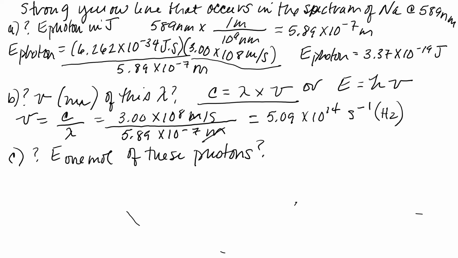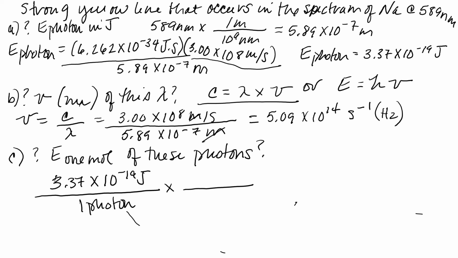Okay, for that we need to use Avogadro's number. We have calculated the E of 1 photon. So E of 1 photon is 3.37 times 10 to the negative 19 joules. And we need to convert those photons to a mole of photons.